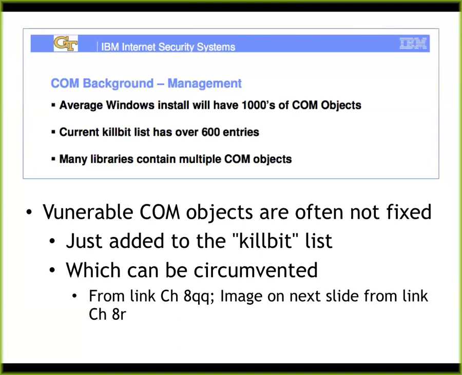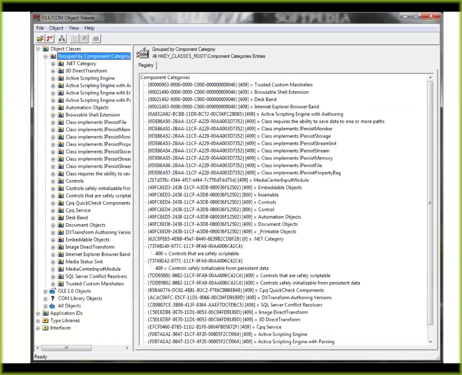You can load a program into your Windows machine and see these COM objects, and that's what I've got here. It's OLE COM Object Viewer. You can run it on your Windows and just see there are a lot of them, and a lot of them are known to be vulnerable. So this is a pretty rich field to find attacks.